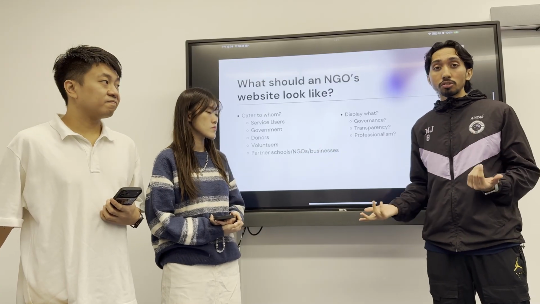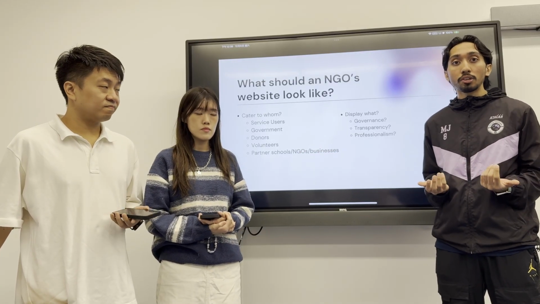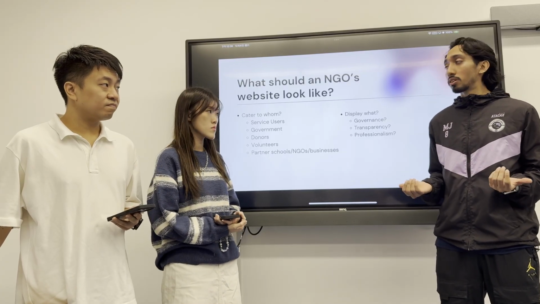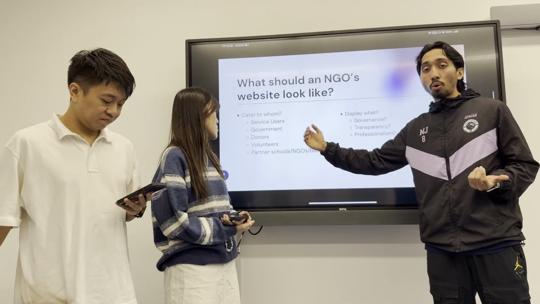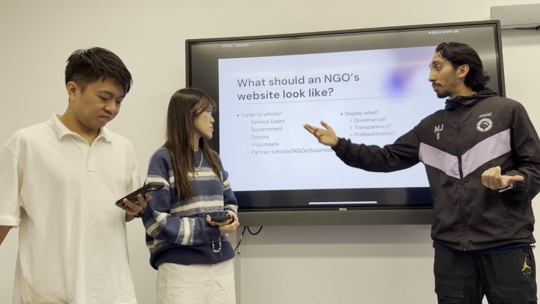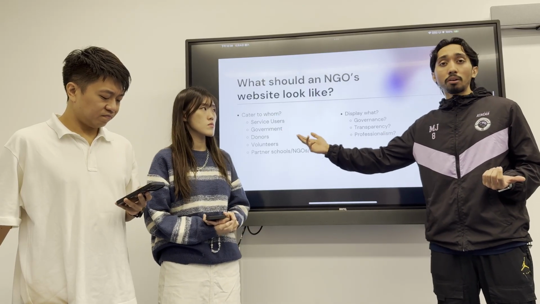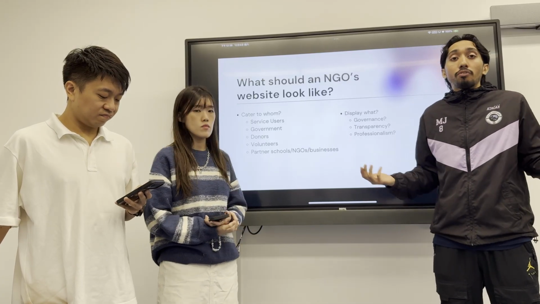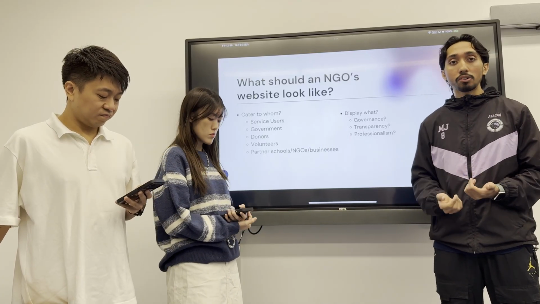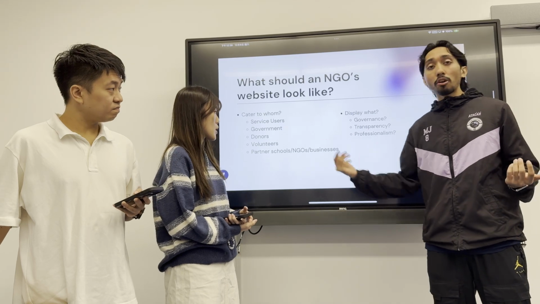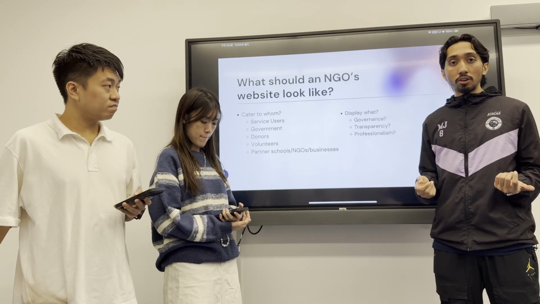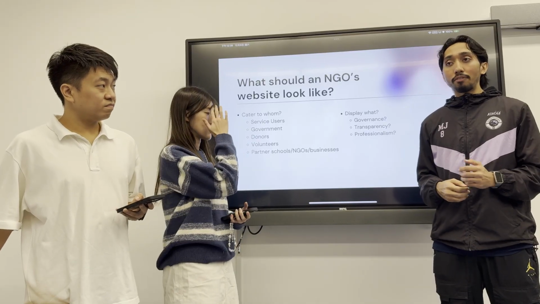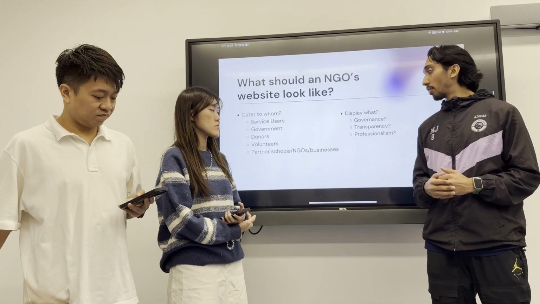For example, service users who are trying to look for quick, key information for their own services, and maybe the government, the donors, and the volunteers who are trying to collaborate with the NGO or find ways to help in the community. Maybe there are partner schools or businesses who are trying to chip in and see which NGO they should have good branding and collaboration with.